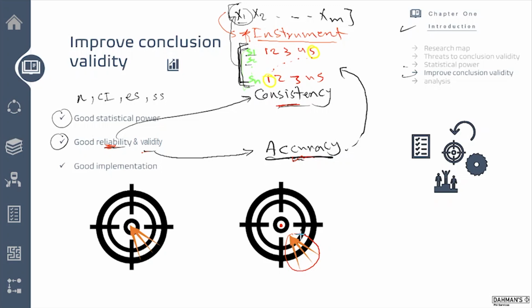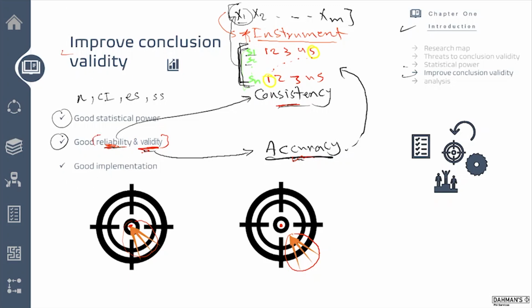This is when you consider only consistency or reliability, but you don't understand the meaning of validity. But if you bind those dots together in the right direction on the board, that means you have taken accuracy or validity and reliability all together in order to improve the conclusion validity.